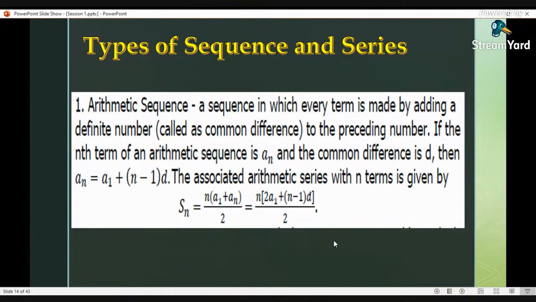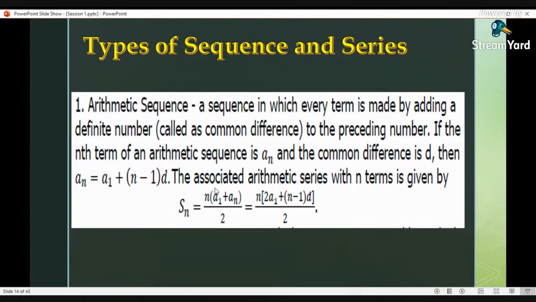So if the nth term of the arithmetic sequence is a sub n and the common difference is d, if we are going to find a sub n, our formula will be a sub 1 plus n minus 1 multiplied by d. So take note that n is the nth term or the number of terms, then d is the common difference.